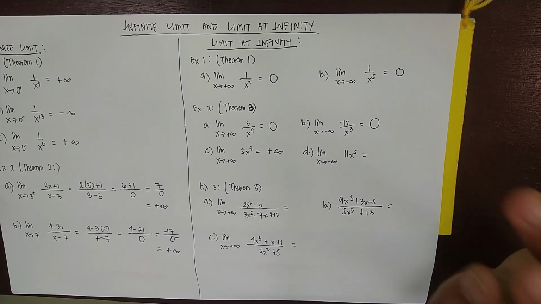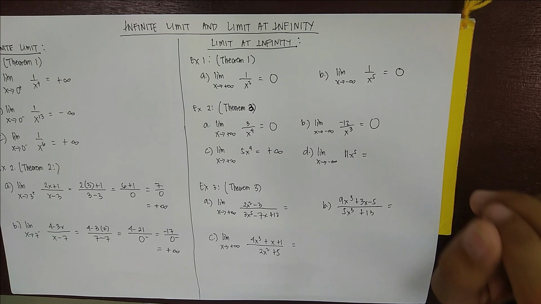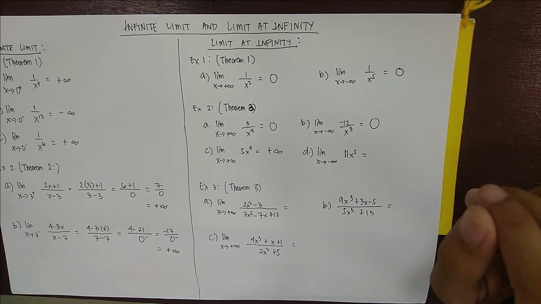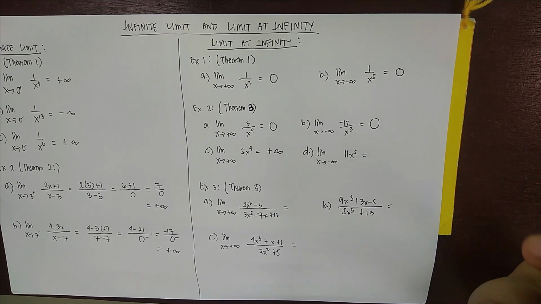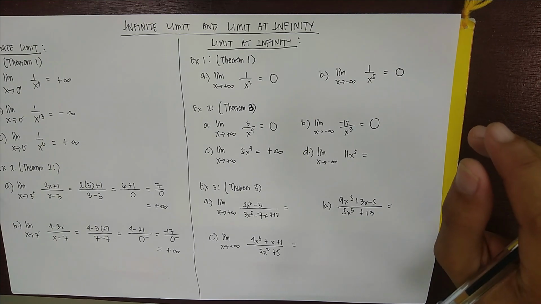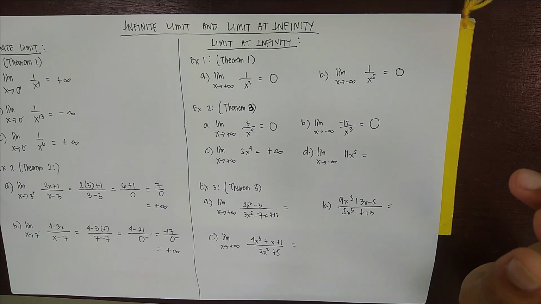Positive infinity if k is greater than 0 and n is even, or if k is less than 0 and n is odd. Negative infinity if our k is greater than 0 and n is odd, or if k is less than 0 and n is even.